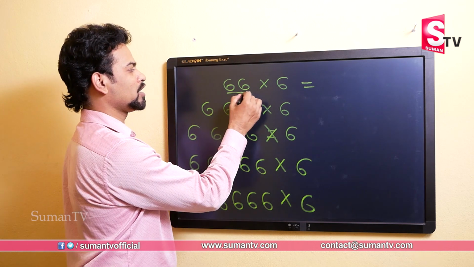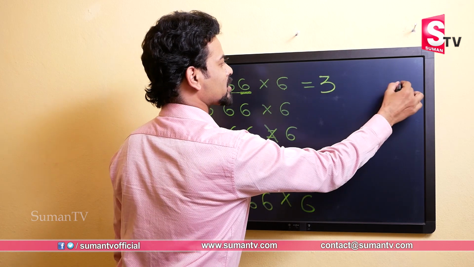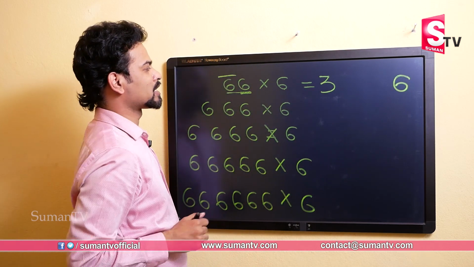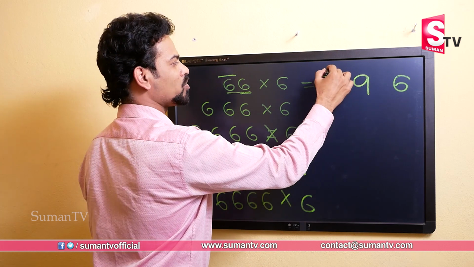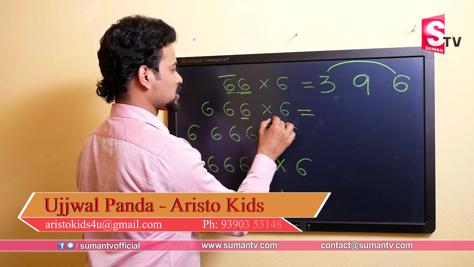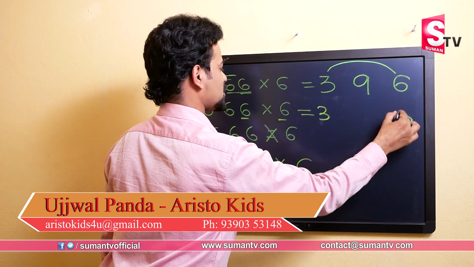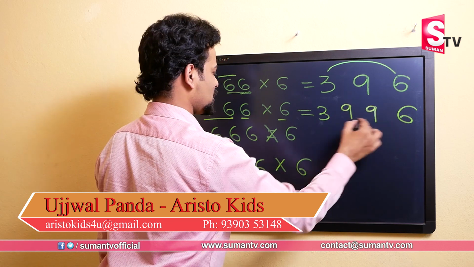Similarly, first we multiply 6 into 6, 36, and 1 6 is left. So we will put 1 9 here. How did this 9 come? You added 3 and 6, 9. Here it will be 6 into 6, 36, and because 2 numbers are left, we will put 2 9's.